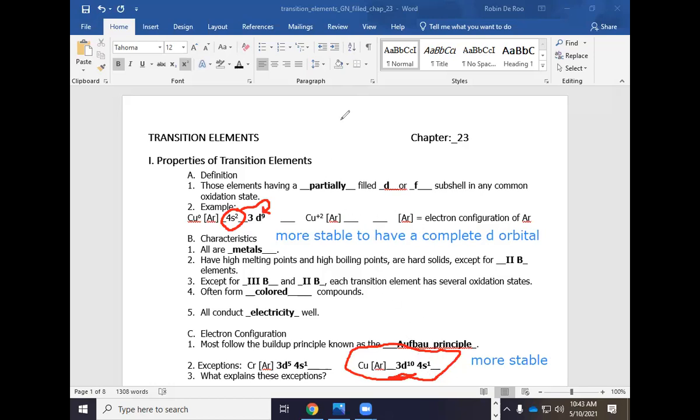So that's how you get the ions. Please tell me I did that right. So what do we end up with if we take away, we're essentially taking away 1, 2, isn't that 3d10? D10.